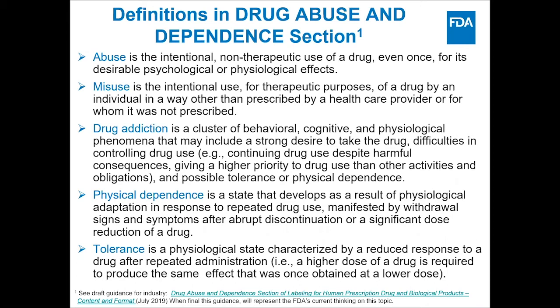Similarly, there are drugs associated with physical dependence. For example, beta blockers are associated with physical dependence, or SNRIs, but they're not associated with abuse. So beta blockers, as you know, after you take them for a long period of time and stop them abruptly, you could have a withdrawal syndrome. However, they're not controlled substances that are abused.